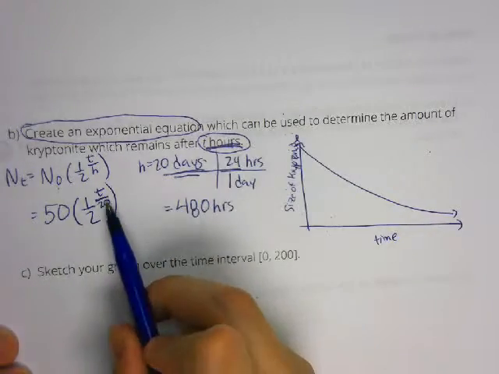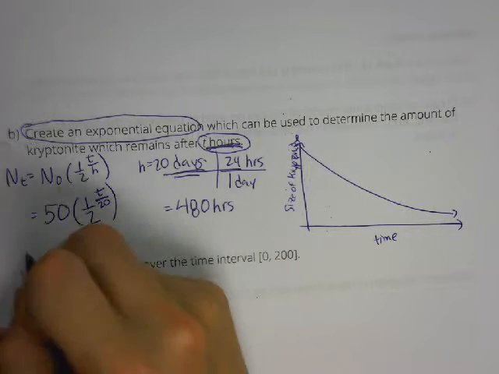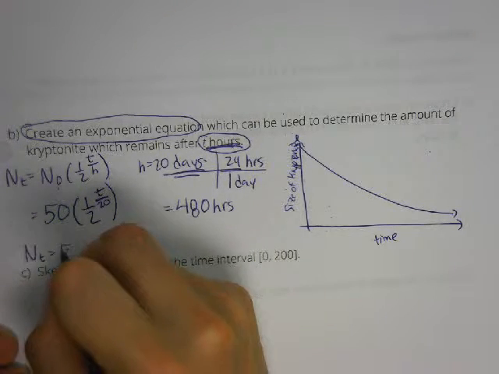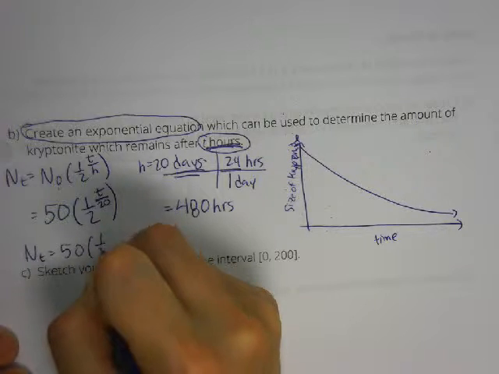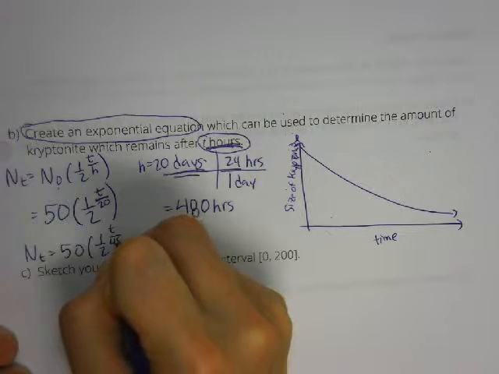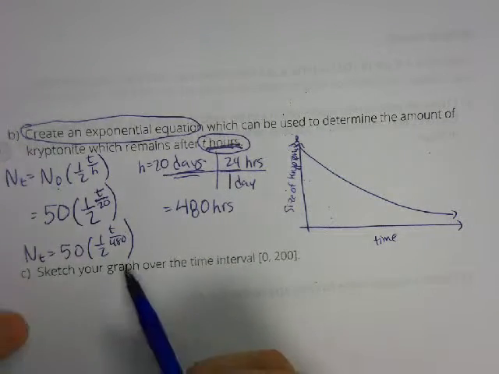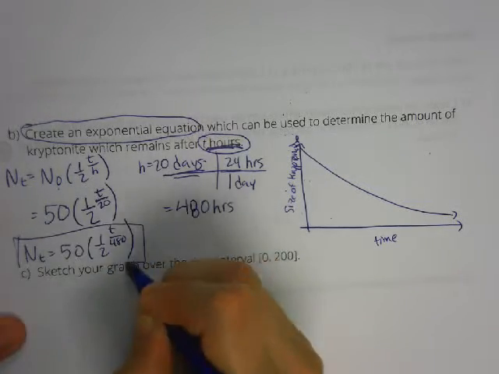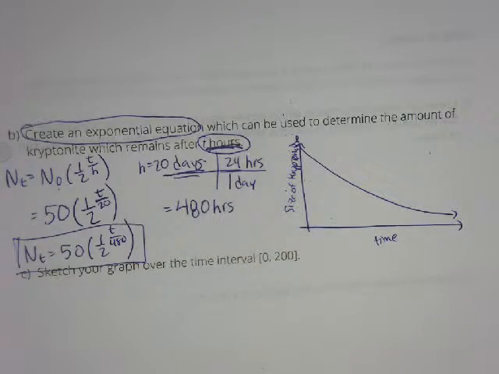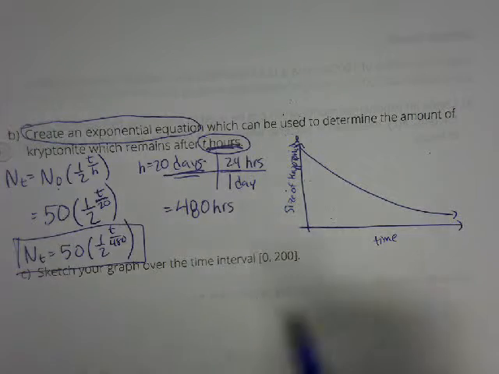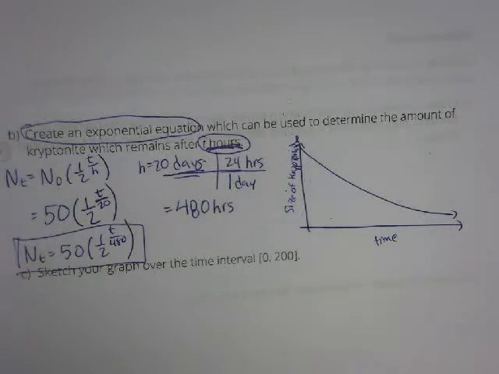Instead of writing it like this, I'm going to write my exponential model like this. The only thing that's changed is instead of having 20, I have 480 now, because we wanted it to be in hours.